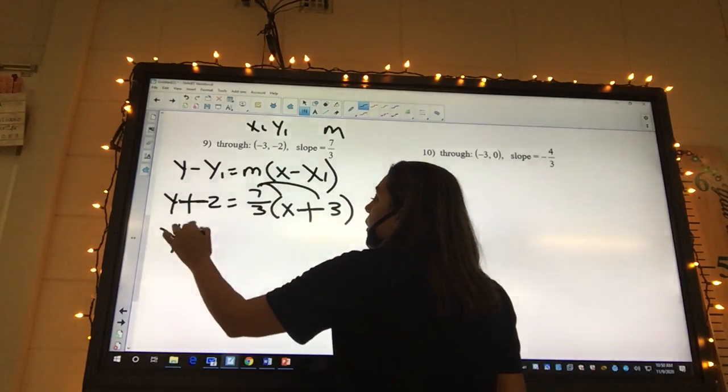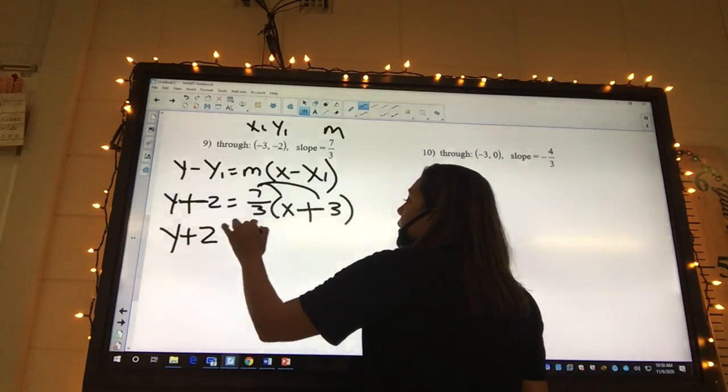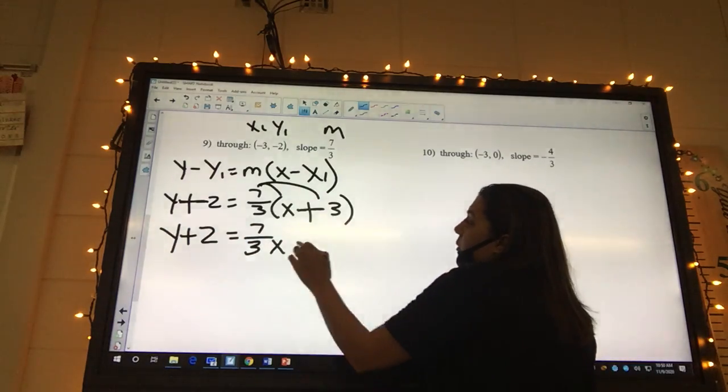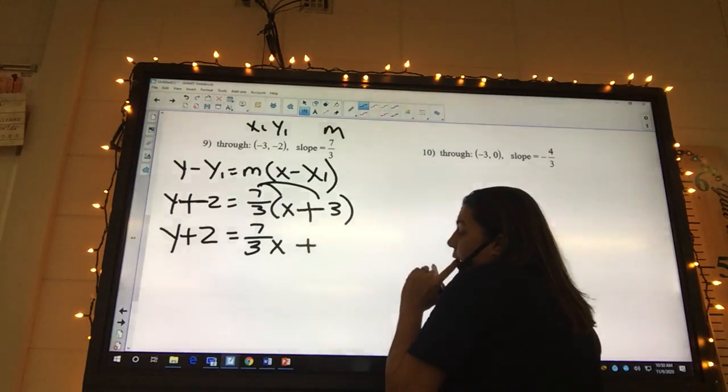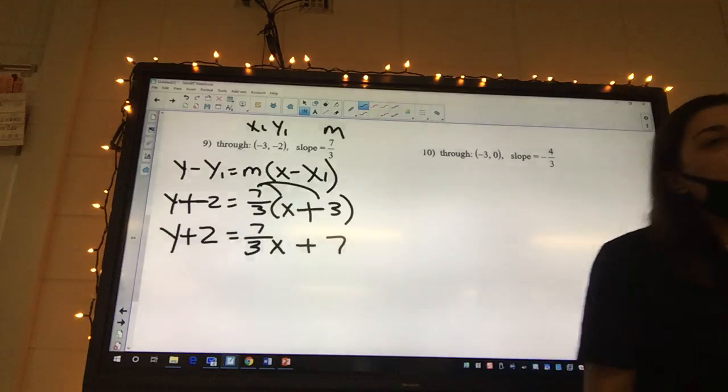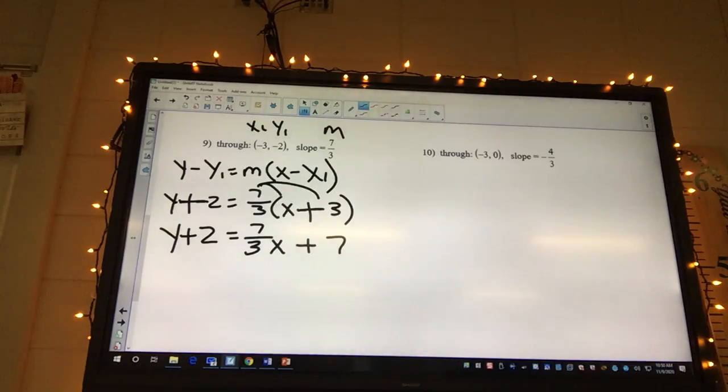So y plus 2 will be 7/3 x plus 7. Did you do it on the calculator? Right here it should be times, this one times this one.